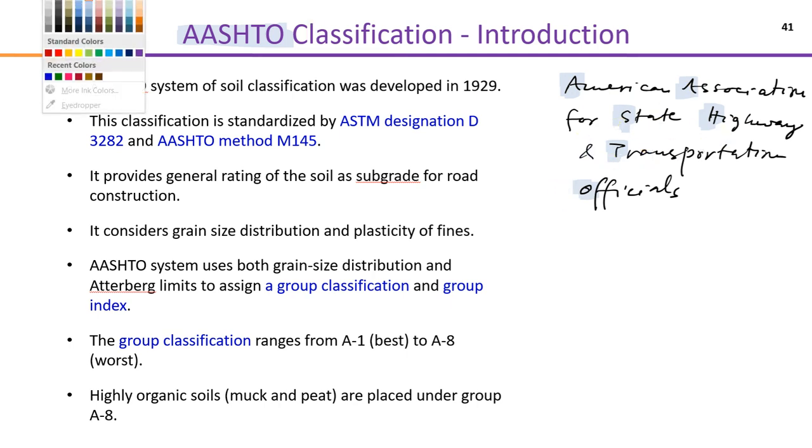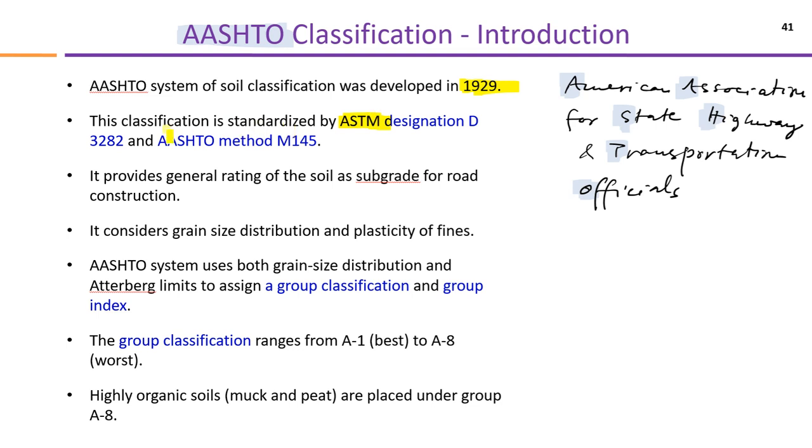This classification is primarily for highways. It is done for soil to be considered as a construction material in pavements in highways. This classification was developed in 1929 and is standardized by ASTM.